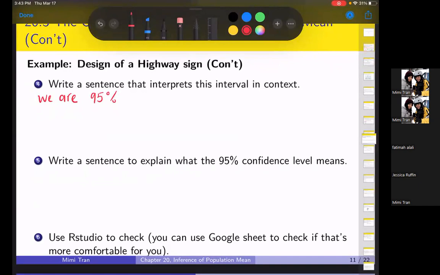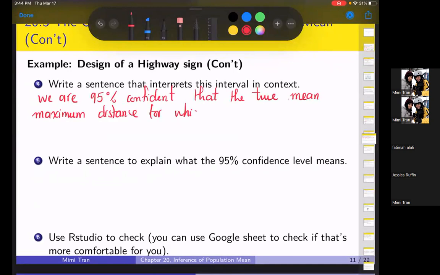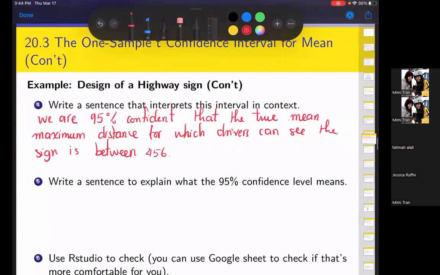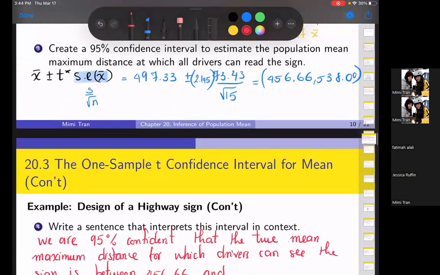Okay. We are 95% confident that the true mean or population mean maximum distance for which a driver can see the sign is between, or lies between, 456.66 and 538.